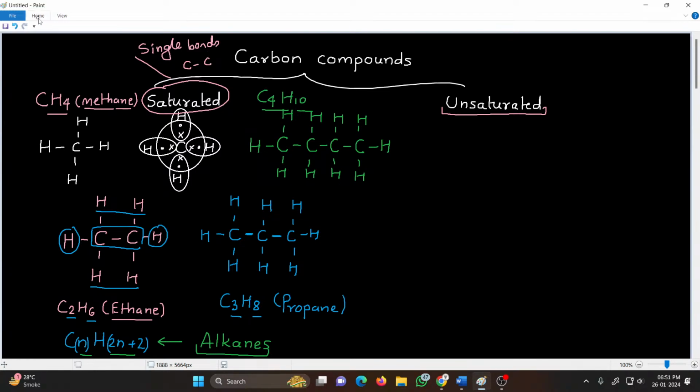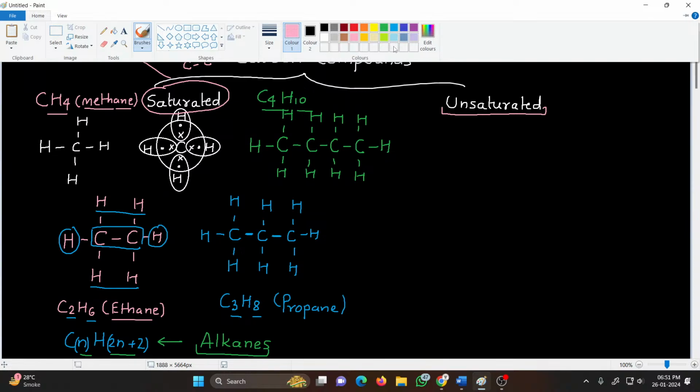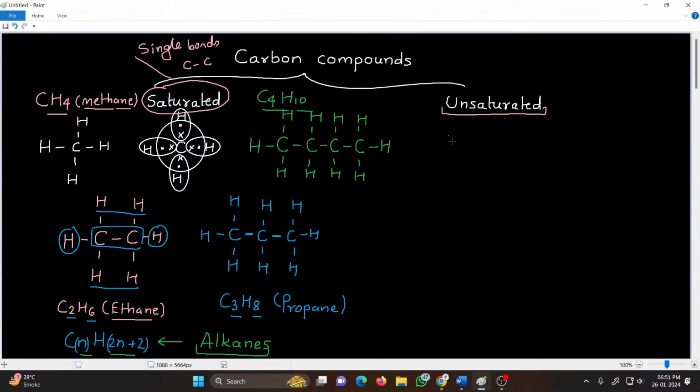In unsaturated compounds, there can be double or triple bonds between carbon atoms. So to have a double bond between 2 carbon atoms, we should at least have 2 carbon atoms, correct? So a carbon-carbon double bond with a single carbon atom is not possible.